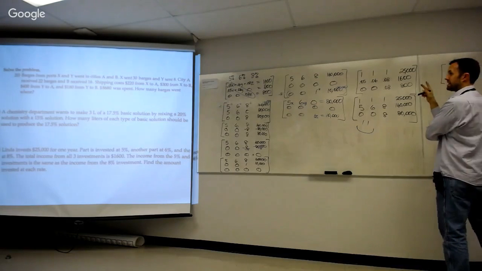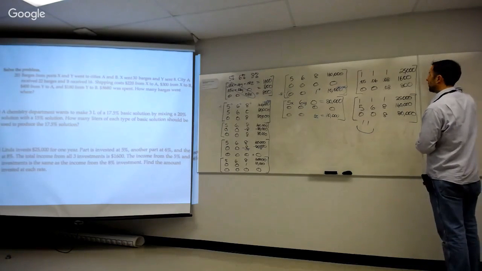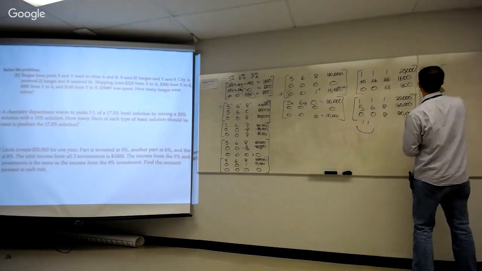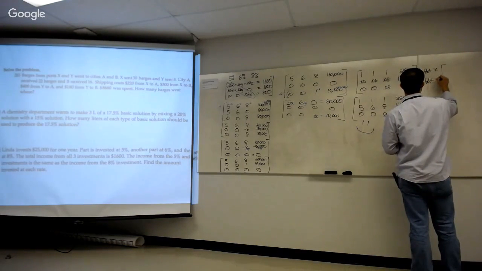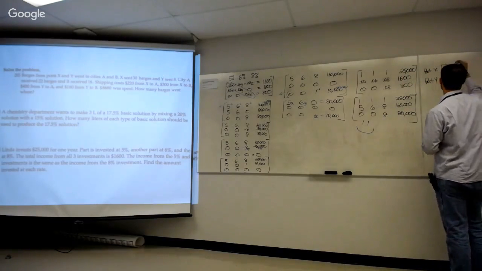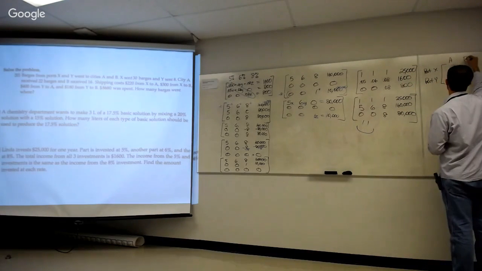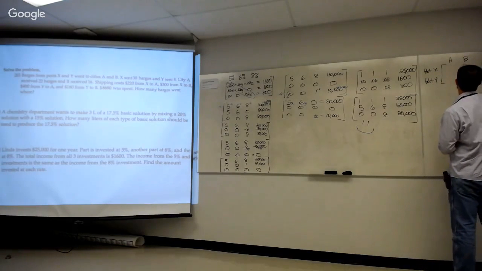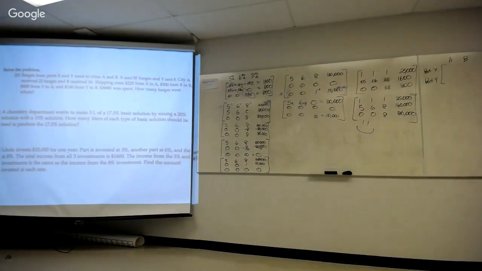Would it be fair to say that it could be port X for the first equation and port Y for the second equation, and then it's sending to cities A and B, and the shipping costs is how much it actually cost? That's just a possibility. I'm just throwing out a possibility. Let's read the problem and see if that fits.